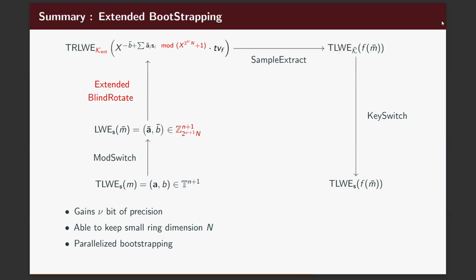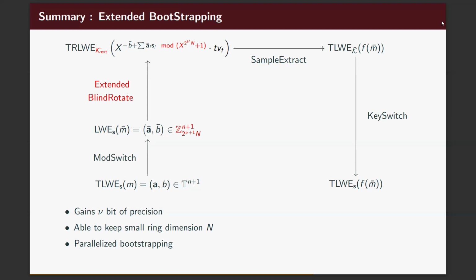So in summary, we propose an extended bootstrapping, in abbreviation, I call it the EBS for the TFHE. So even if we use a small n for the ring, we can always enlarge the n during the bootstrapping and gain additional nu bits. The nu is a non-negative integer, so the cloud can always select how big the nu is.